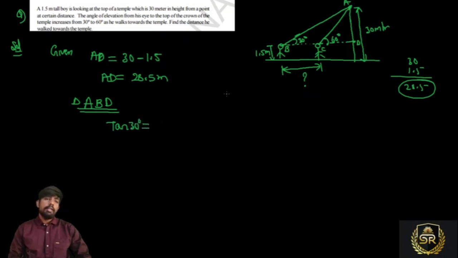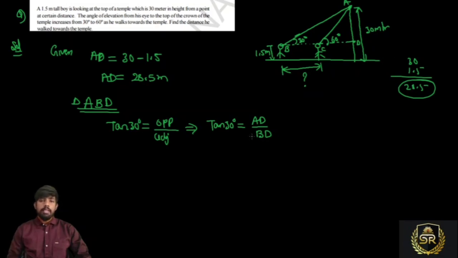Tan 30 is equal to opposite side by adjacent side. Here the opposite side is AD and the adjacent side is BD. BD is the total distance.